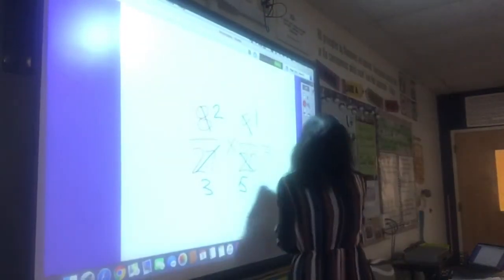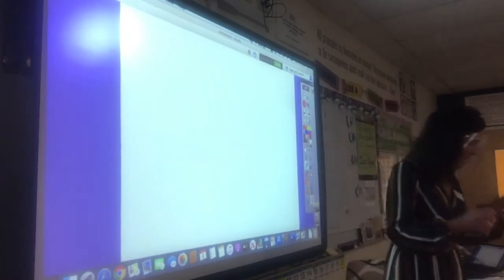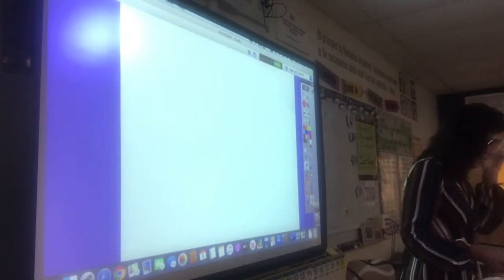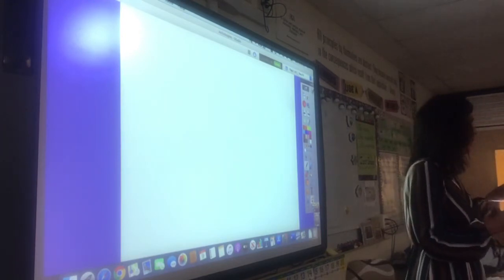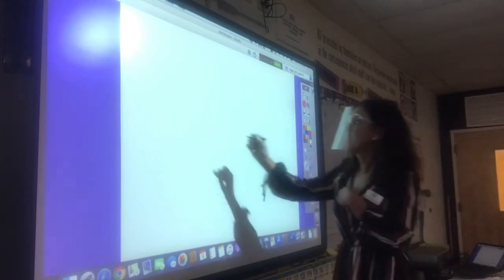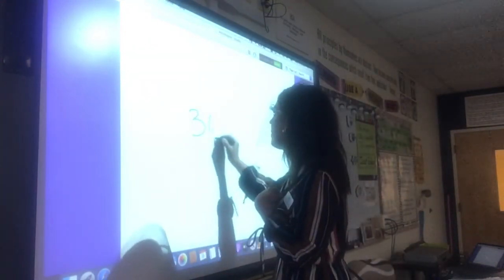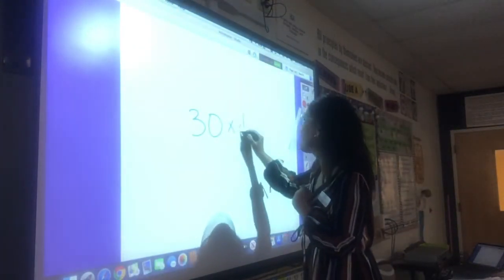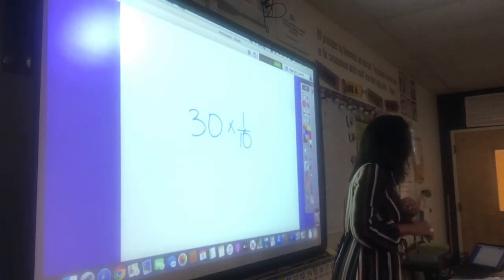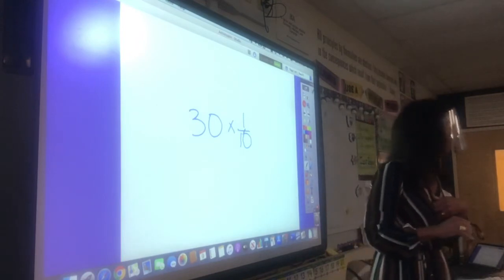Okay, so one thing you might see is a whole number multiplied by a fraction, and it's actually really easy. So let's put this example in your composition book. We're going to do 30 times 1/10. You actually saw this on the math net the other day, because I saw several people were like, wait, how did they do that?